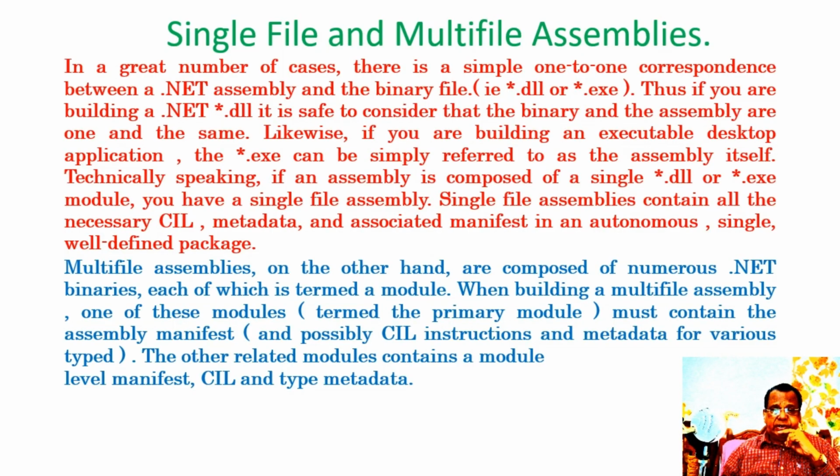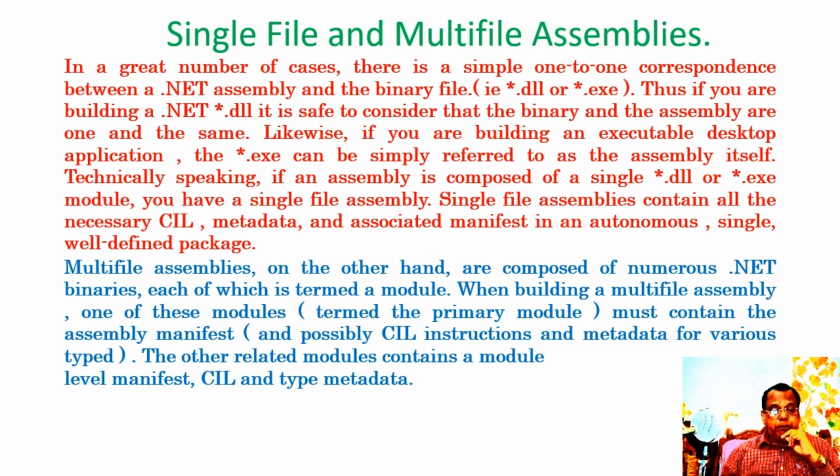Now let us discuss single file and multi-file assemblies. In a great number of cases, there is a simple one-to-one correspondence between a .NET assembly and the binary file (that is, *.dll or *.exe file).